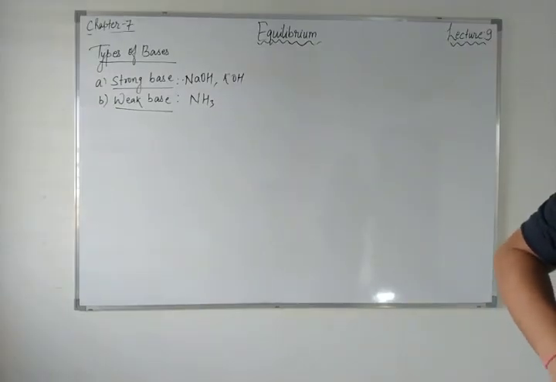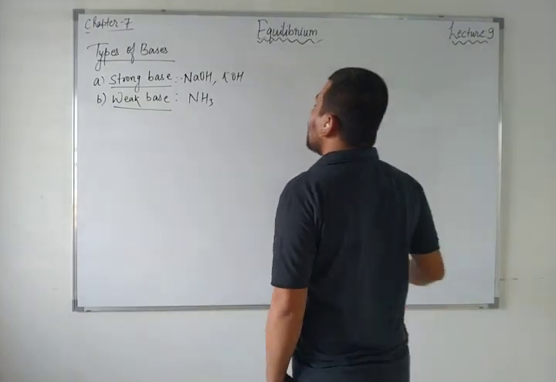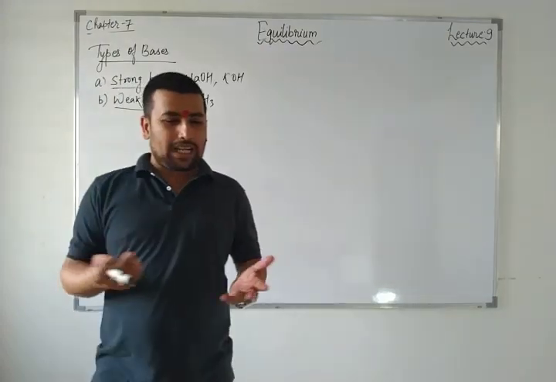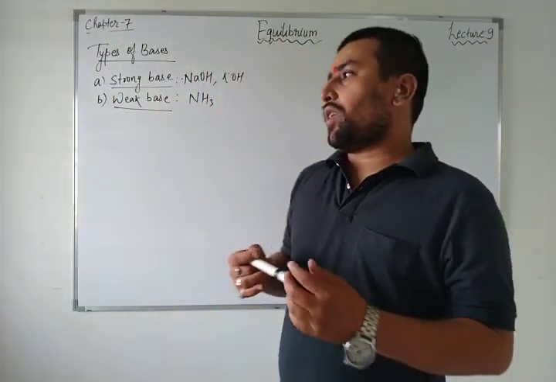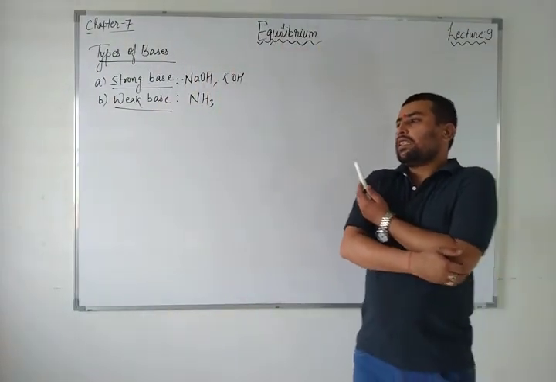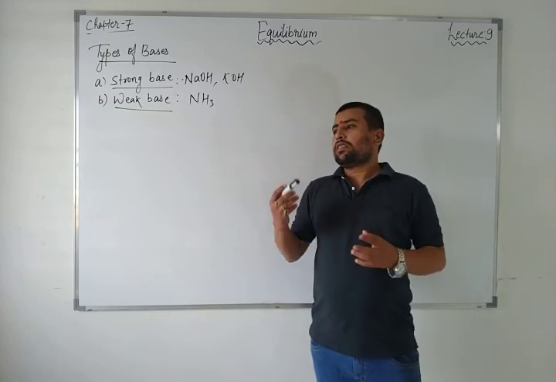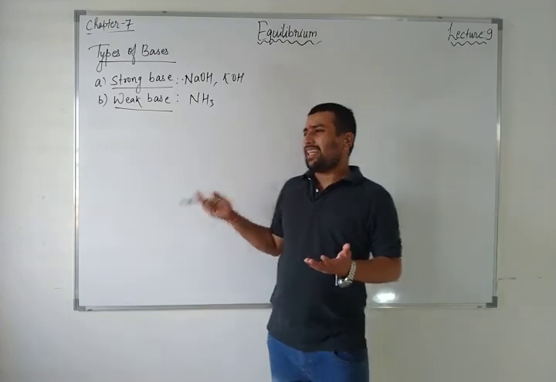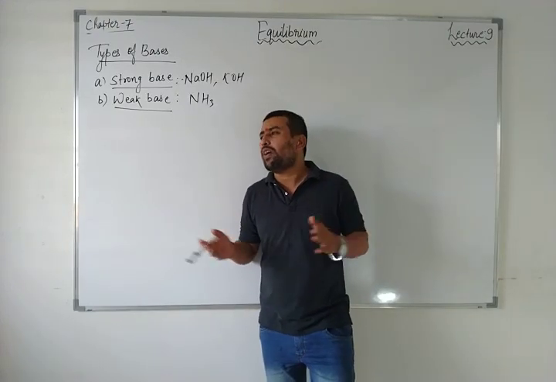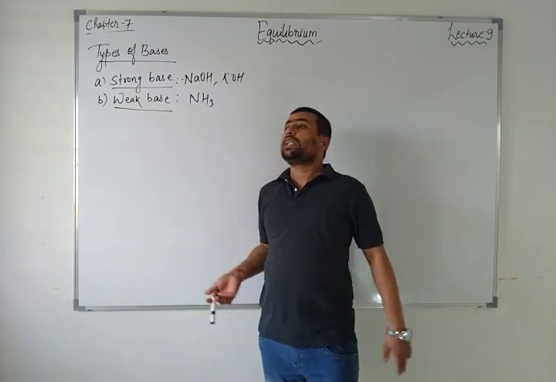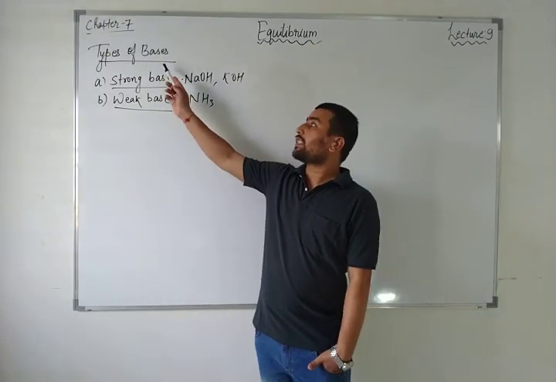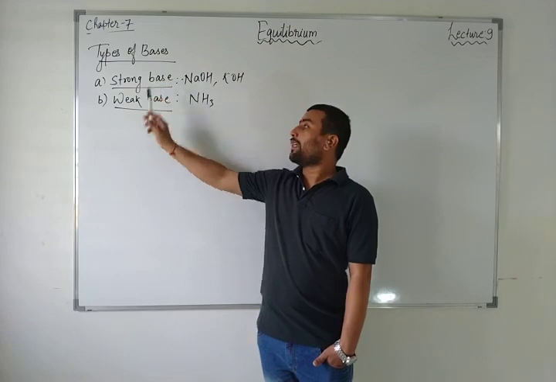There are also many more weak bases, like calcium hydroxide, and some other hydroxides which are very weak bases, which dissociate hydroxide ion with great difficulty. As we have discussed, types of bases: strong base, weak base.